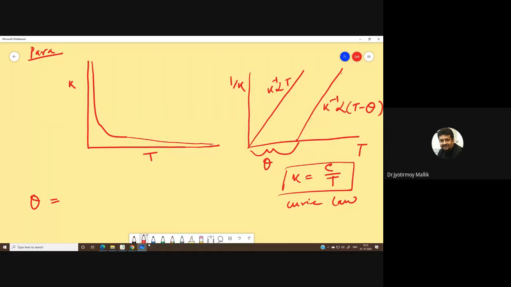Don't be confused with the actual Curie temperature that we are going to discuss for ferromagnetic minerals. After that temperature, the paramagnetic behavior starts to take place.